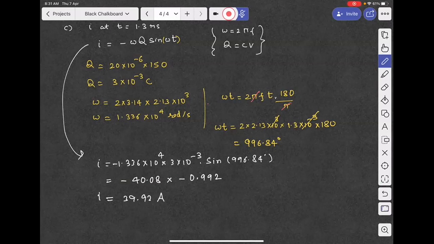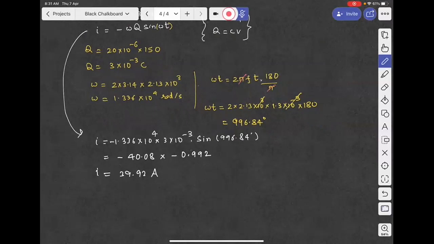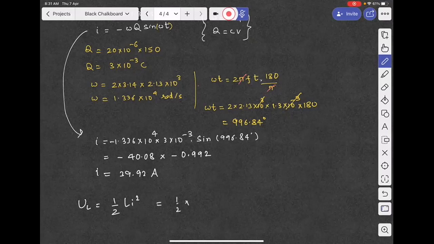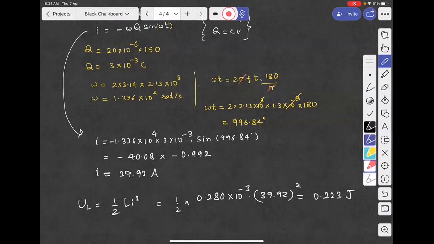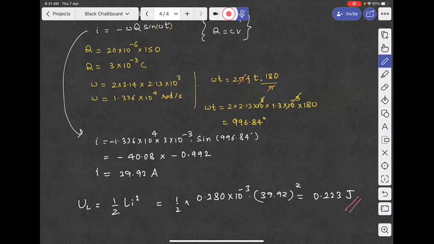This is our I. We are not done yet. Now we want energy in the inductor, which is given by 1 by 2 Li square. That will be 1 by 2 into L is 0.280 millihenry into 39.92 whole square. This will come out to be 0.223 and unit will be joules. This is our answer number C.